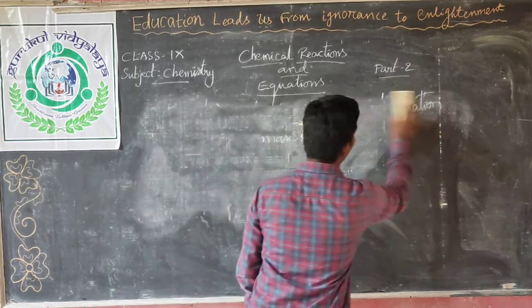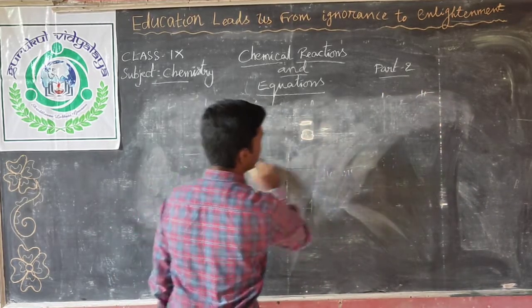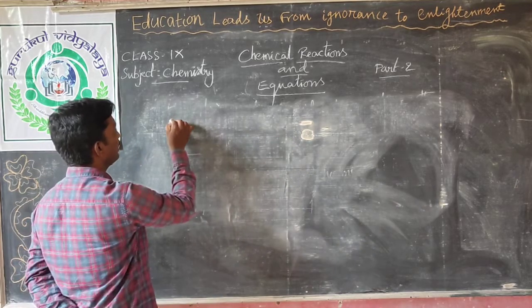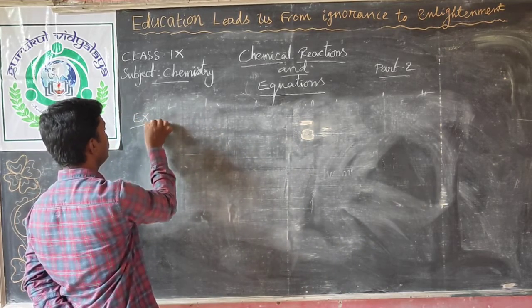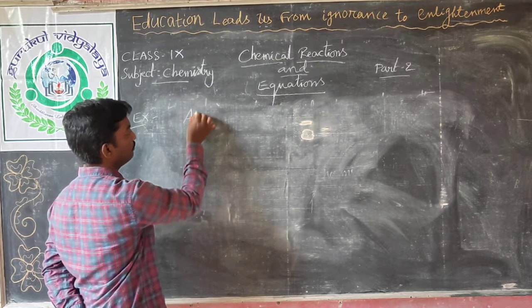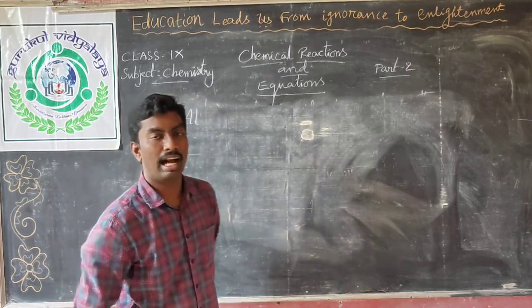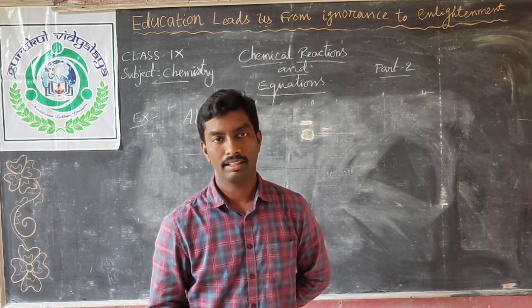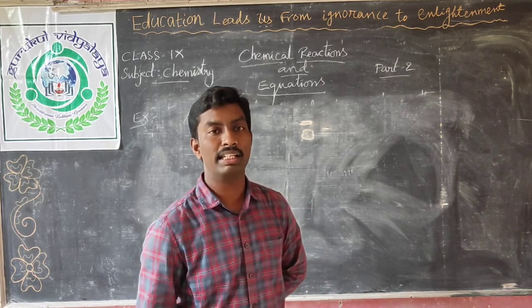To understand more about that, let us discuss an example. In this example, aluminum is reacting with iron oxide and gives aluminum oxide and iron. How can we express that in a chemical equation?